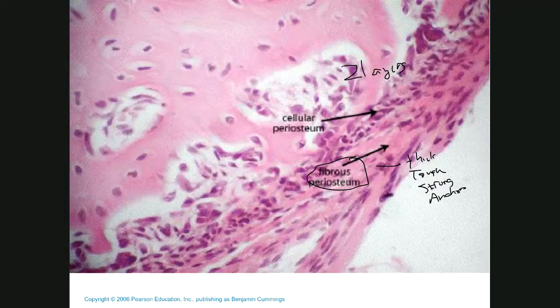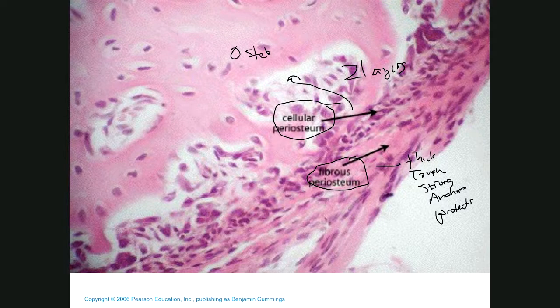It's also where the blood vessels and the nerves travel to get to the bone. And then we have this layer. And again, this layer is where we have those osteoblasts. And so we can build bone. But we also have osteoclasts. And so we can also remove bone.